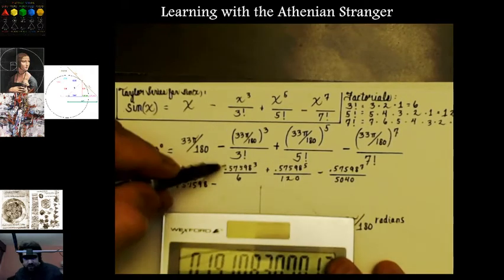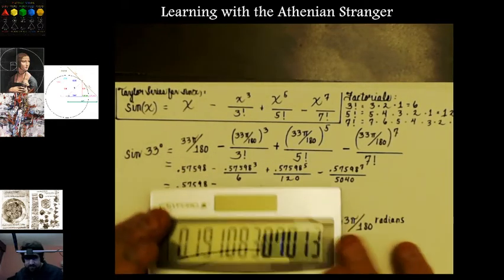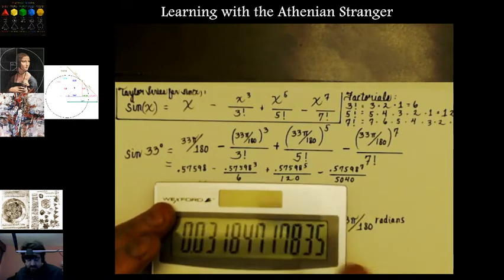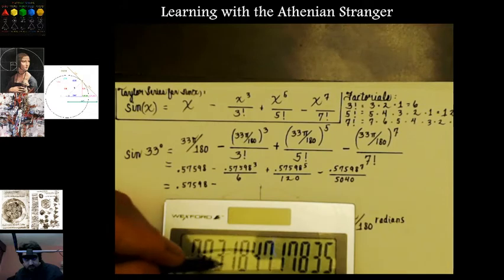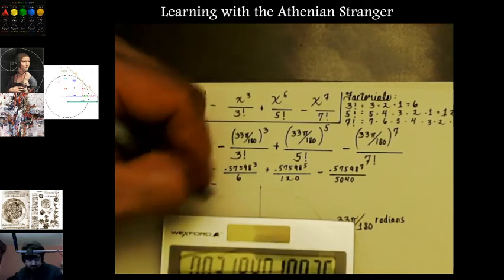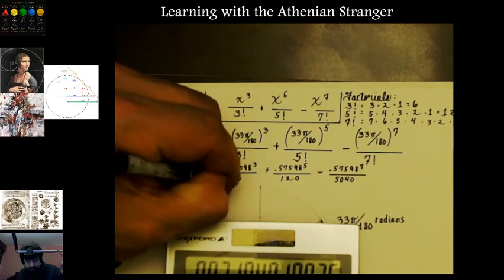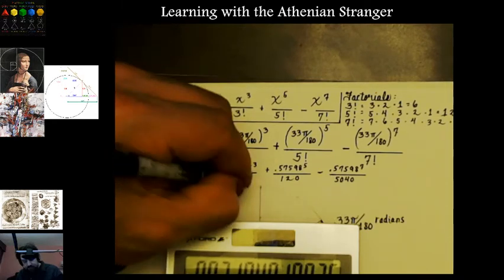But then we divide that number by 6. Divided by 6 equals 0.031847.